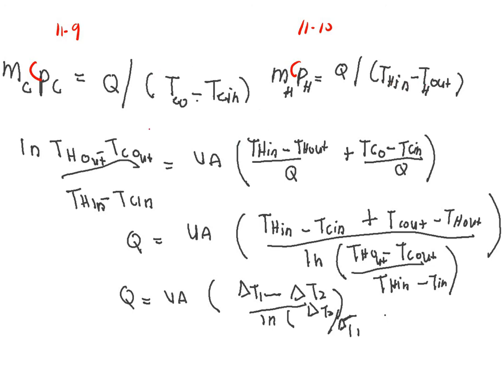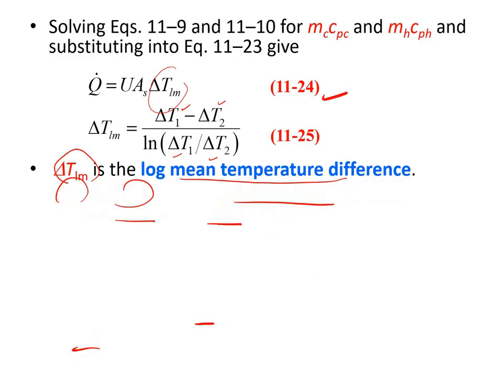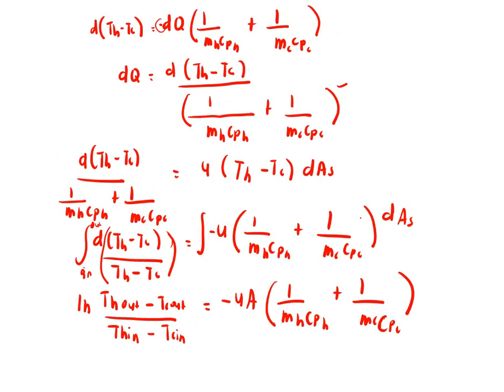So from 11.23 we have this ln, and just now in 11.23 we have 1 over MH CPH plus 1 over MC CPC.